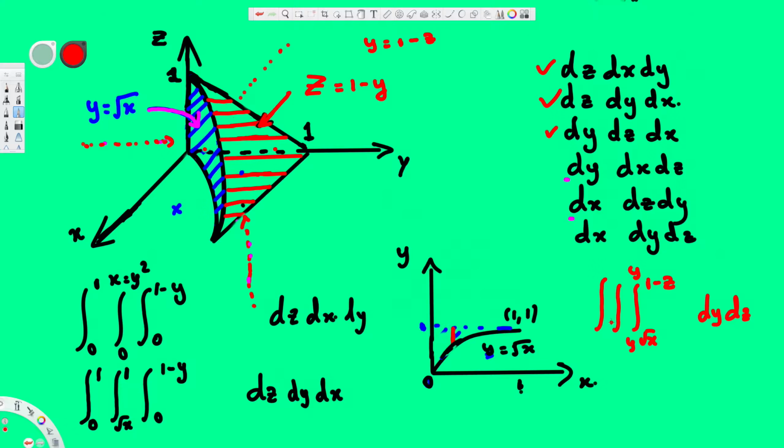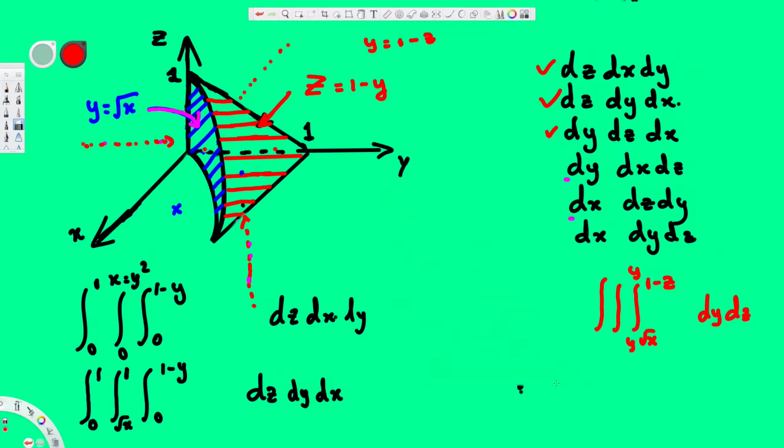In order to do that we have to draw the 2D diagram. Now let's get rid of this part. Okay, for the 2D diagram, we have taken care of y, and the only things left are x and z. Now x and z is this surface.